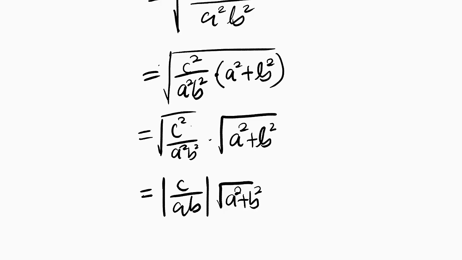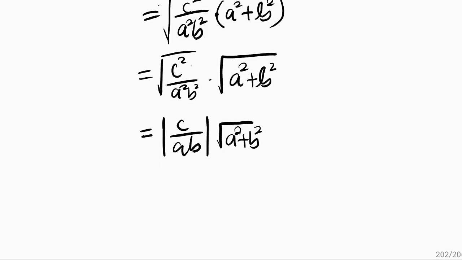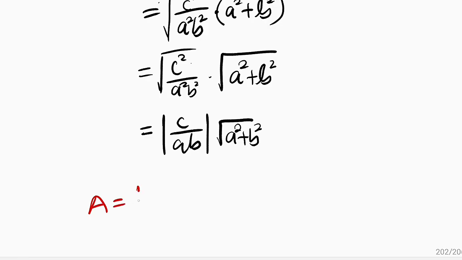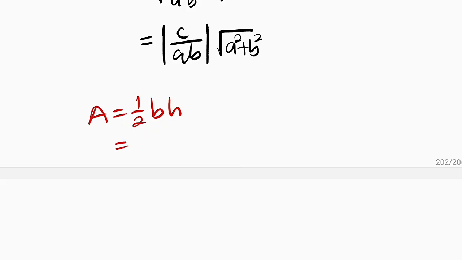So this is just the base. Remember, the formula is still equal to half the base times the height. So the base is this one. So this is equal to 1 over 2 multiplied by the base. Well, let me just write it like this without the bracket. Absolute value of c divided by ab multiplied by square root of a squared plus b squared.